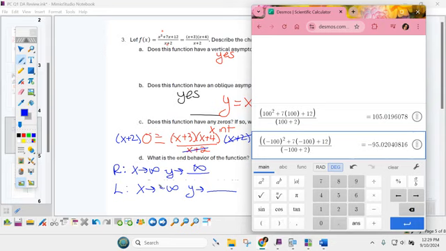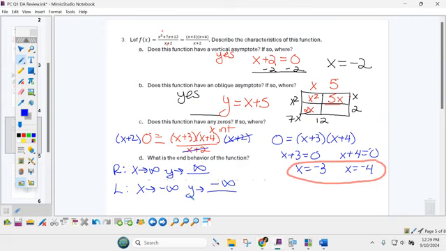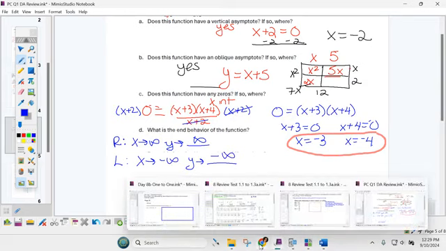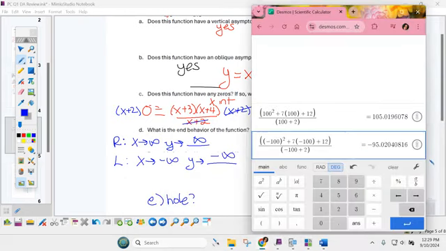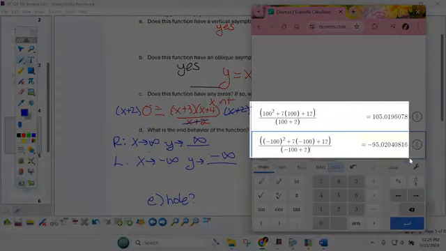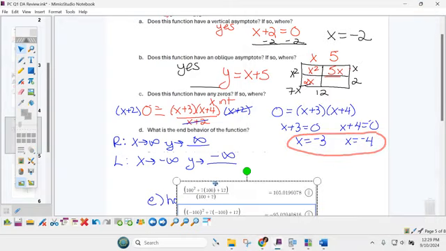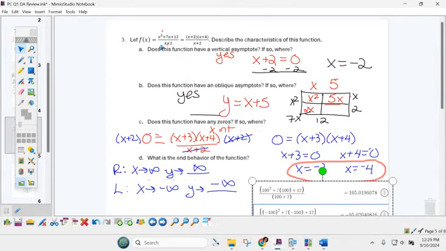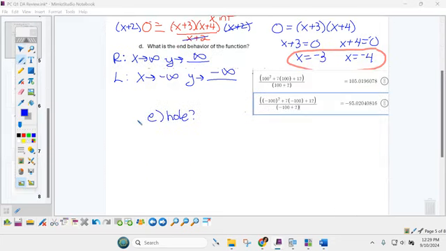See, that's a big negative, so the left-hand behavior is going to go to negative infinity. So again, we can use this scientific calculator to help us. That's so nice. All right, is there a hole? When I look at this function, none of these factors divide to 1, so there is no hole.